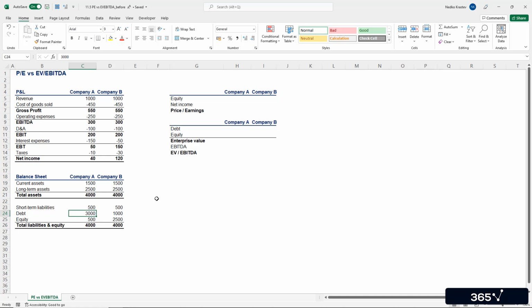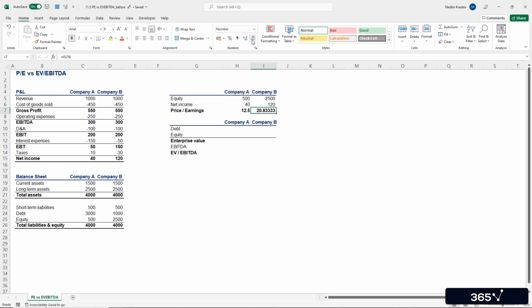Very well, let's go ahead and compute price to earnings. We already have the necessary data in the P&L and balance sheet, equity and net income. Price earnings is equal to equity, in this case we assume equity is equal to the market cap of the firm, divided by net income.